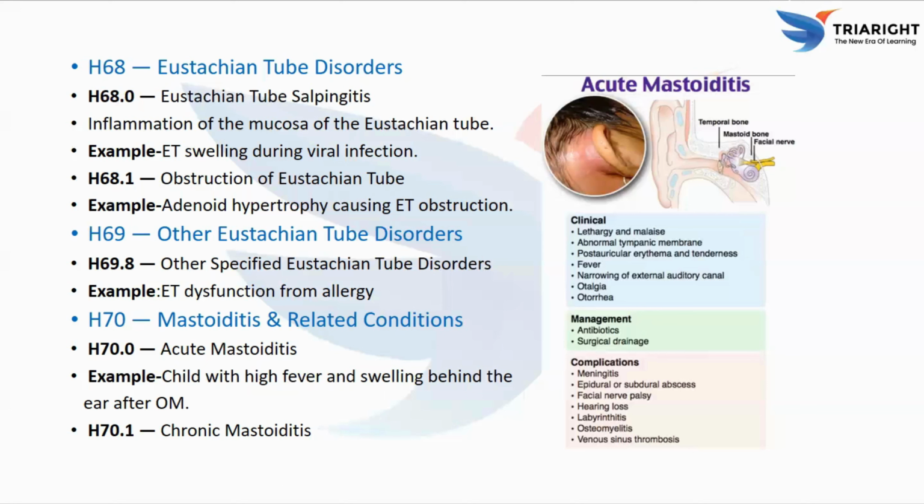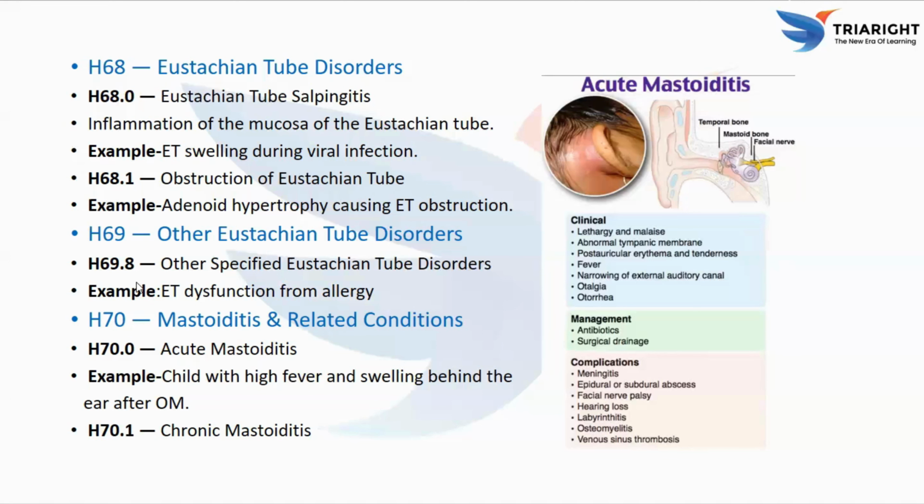For example, ET dysfunction due to allergies, temporomandibular joint related ET issues, and also patulous ET, or the open tube. So what is the main tip for coding over here? You have to use the H69.8 code when the provider documents a specific ET condition but does not label it as salpingitis or obstruction. So this is about the H69 code.